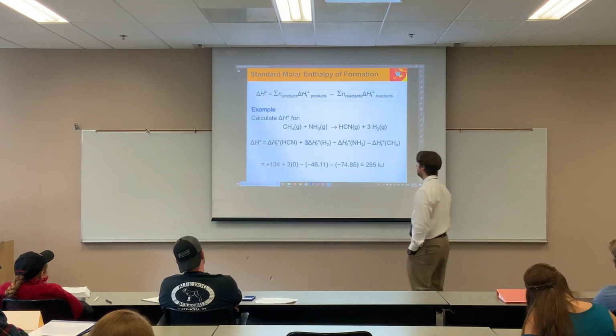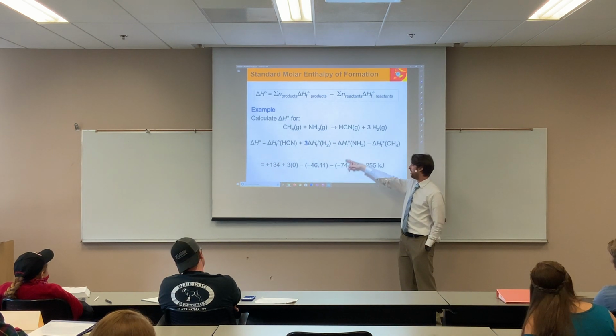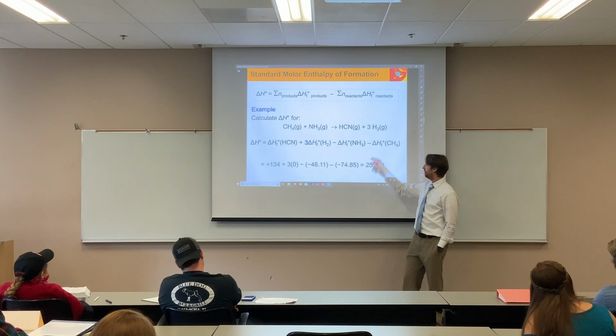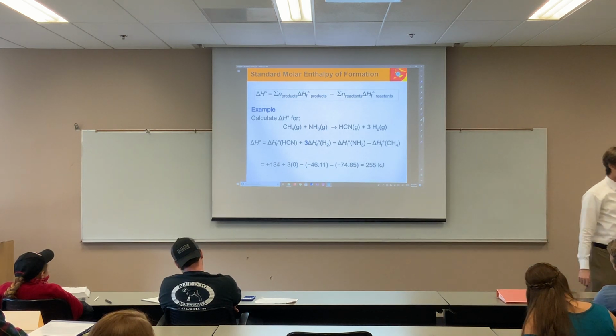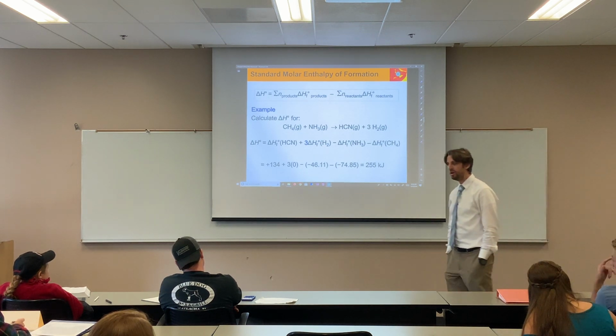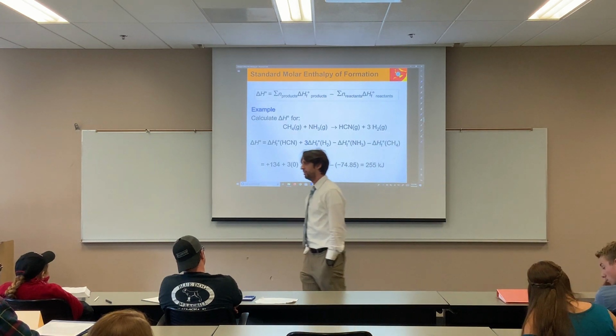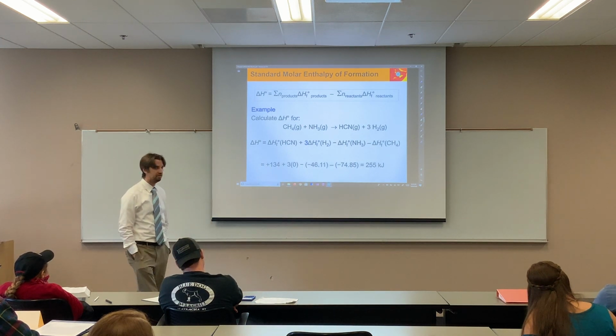Not too bad. Where does the negative 46 come from? The enthalpy of formation for ammonia, and the negative 74 is for methane. Pretty easy, right? Balance an equation, look up delta Hs, add up the products, and subtract the sum of the reactants.